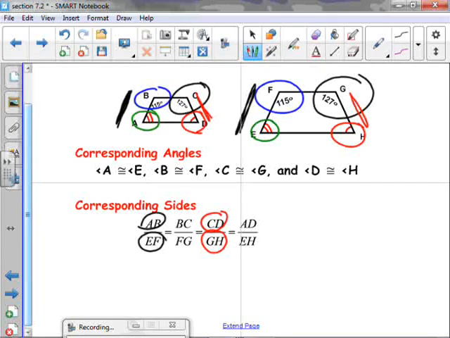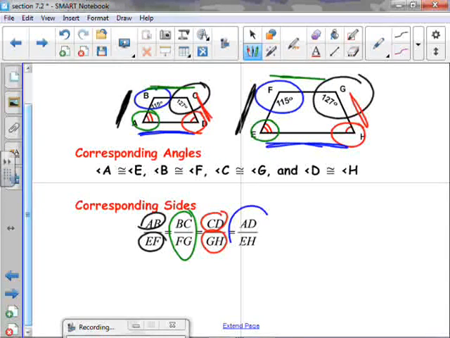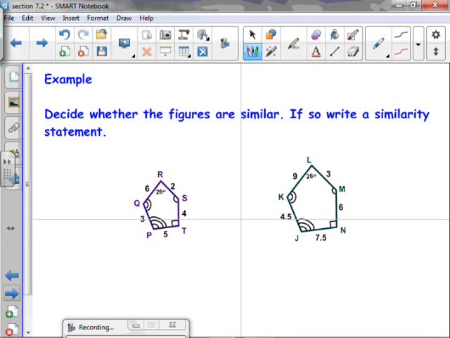And that has to be the same as BC compared to FG. And that has to be the same as AD compared to EH. Okay? So all of these ratios have to be equal, and as soon as they're equal, we know that we have similar figures.